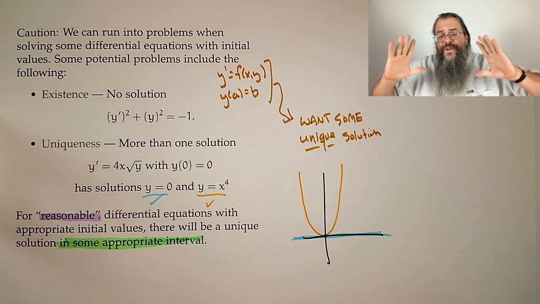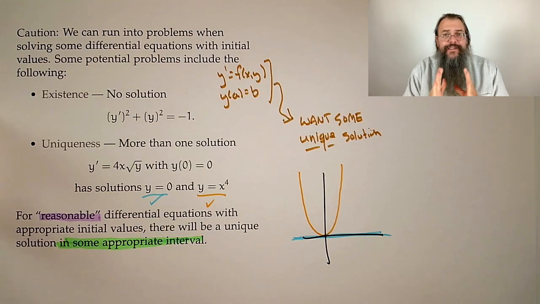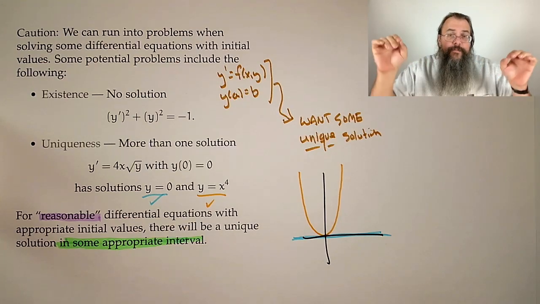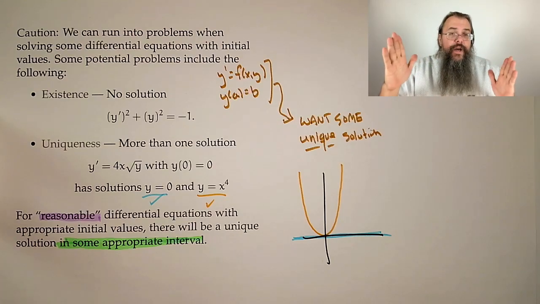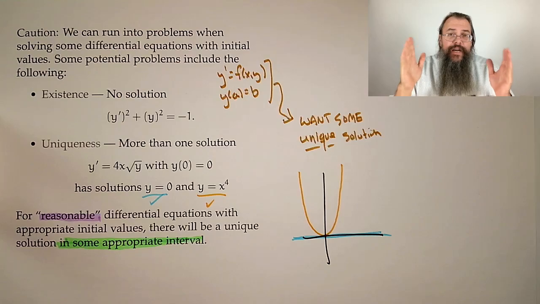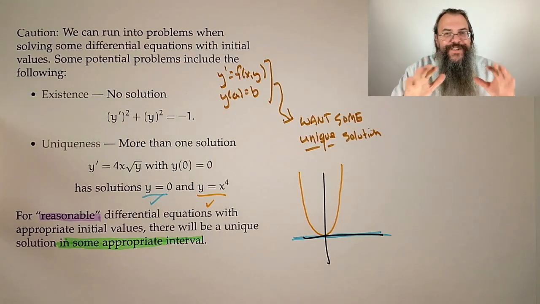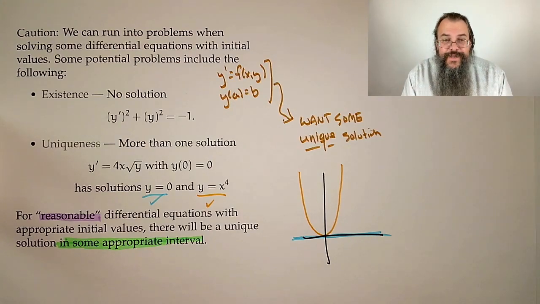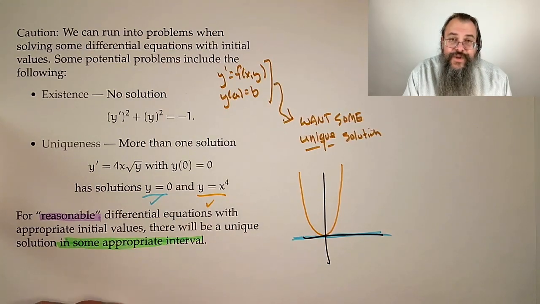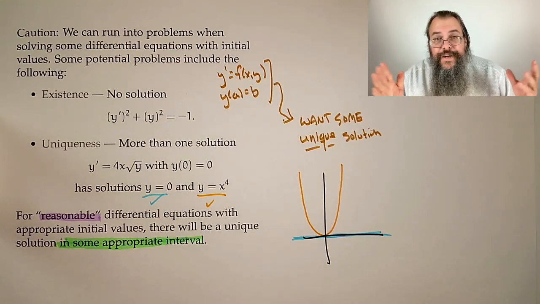And the answer is, well, no, it's not quite that case. It's a good solution up to some point, and then something can happen. Let's not ruin the surprise. We should encounter it. So we're going to talk about how we'll get a unique solution in some appropriate interval.